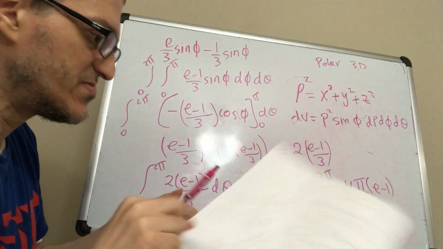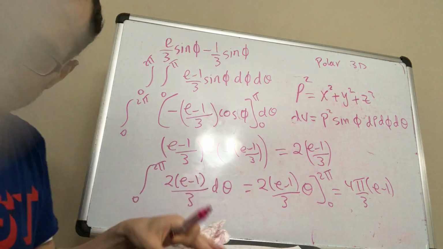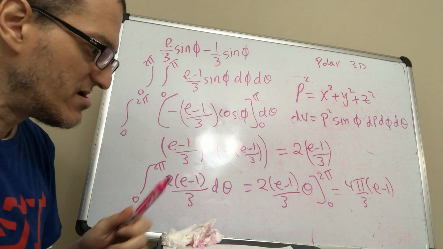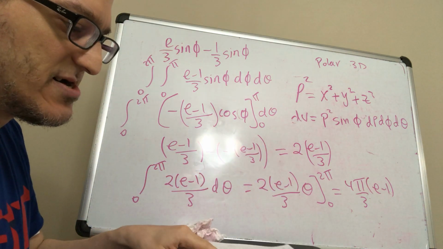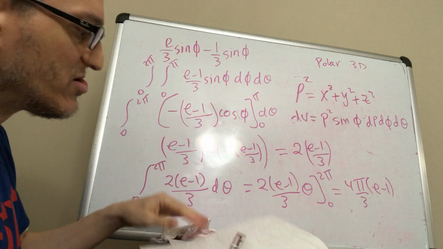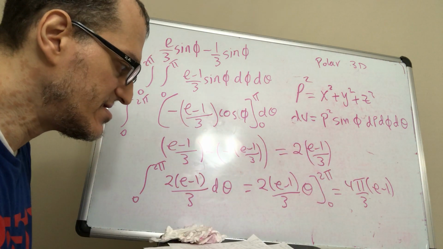This is the answer for triple integrals. Now, there is another example we're going to do for triple integrals, 3D polar, but I'm going to do this in the next part.